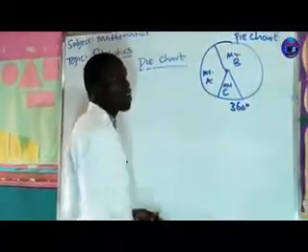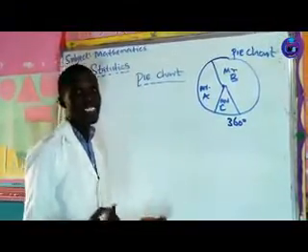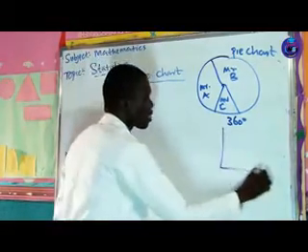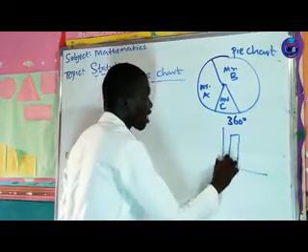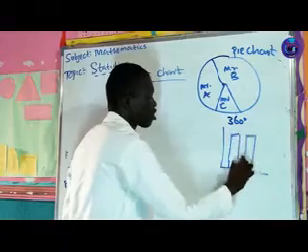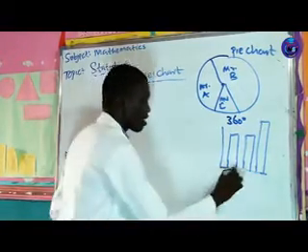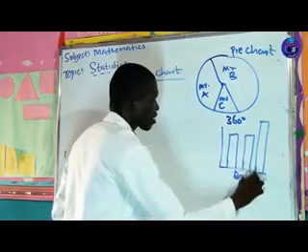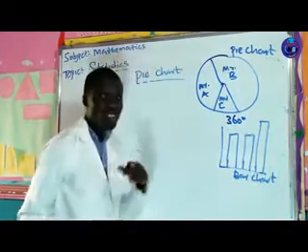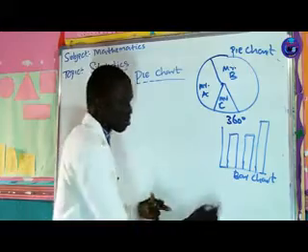Okay, it's different from bar chart. Bar chart is where you draw something like this. So don't get confused with this. This is bar chart. And it's also different from histogram.